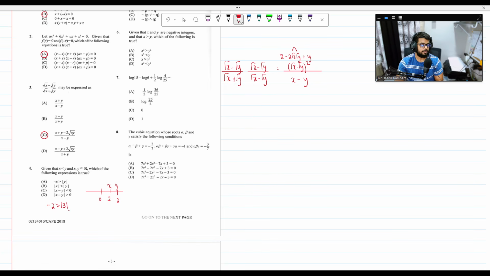No, it's not. Over here, I'll get minus 2 is greater than 3. That is not working out. Next is modulus of x, modulus of minus 2. Is that less than modulus of 3? Modulus of minus 2 is 2. Is that less than 3? It is indeed less than 3. So it's looking good.